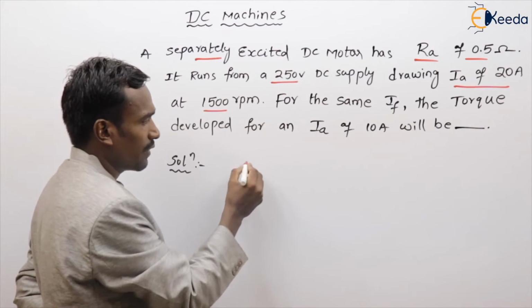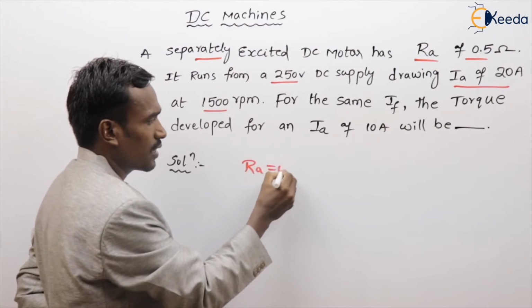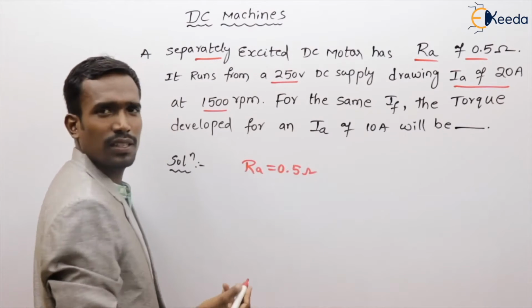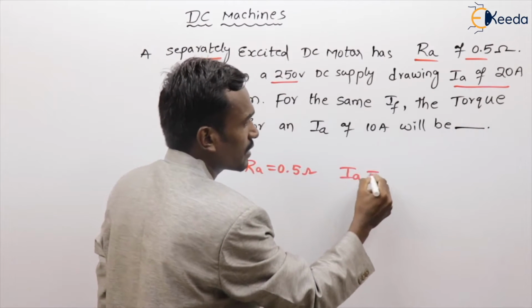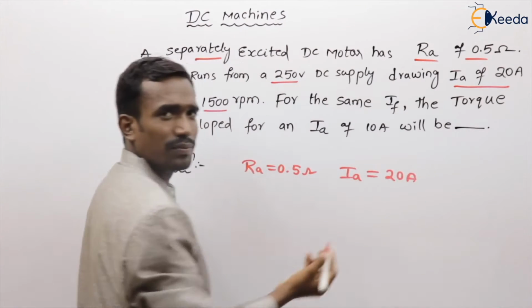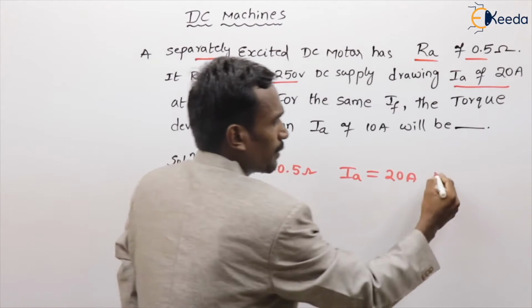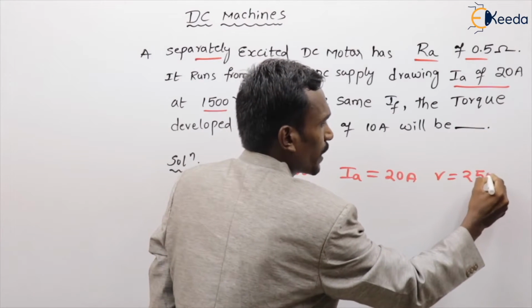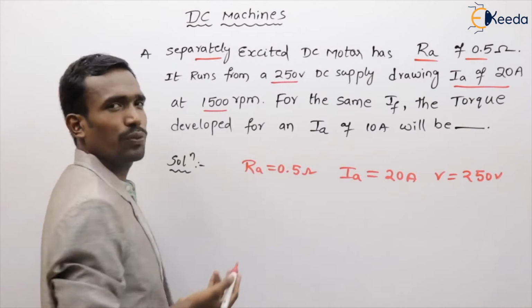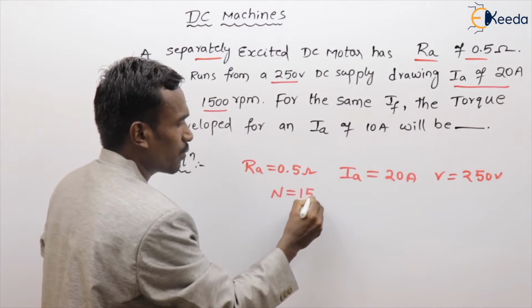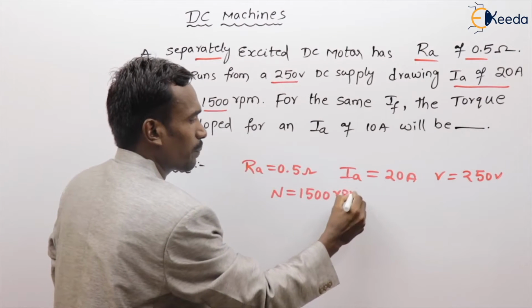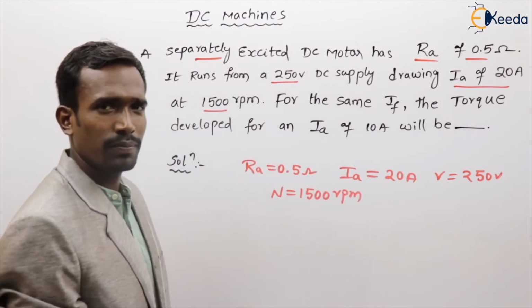What is given? Armature resistance 0.5 ohms, armature current 20 amperes, supply voltage 250 volts, and speed N equals 1500 rpm.